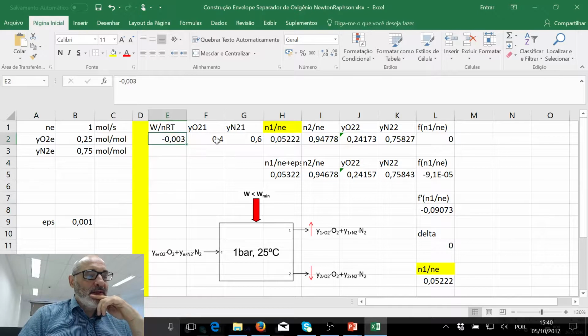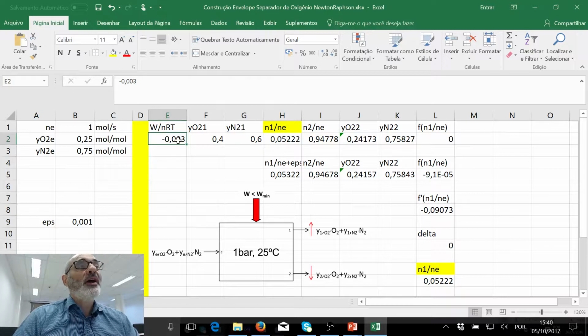Okay, this is the amount of work that I am injecting in the separation process. So it's smaller than the theoretical minimum for perfect separation. This is another design parameter that I already know. I don't have to calculate it.